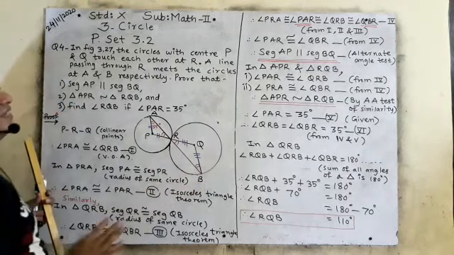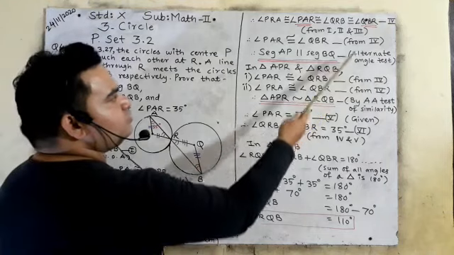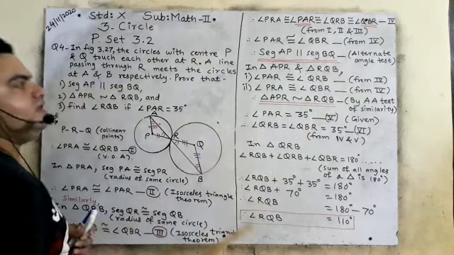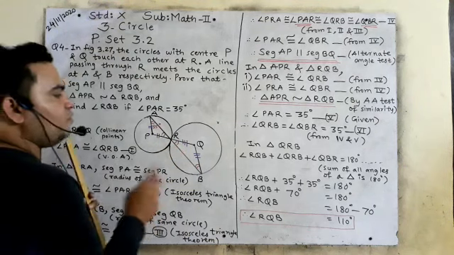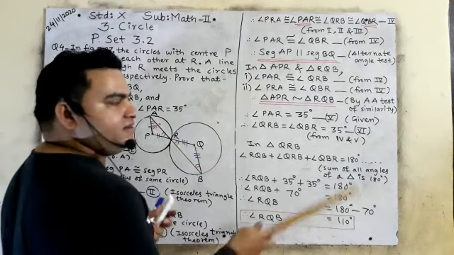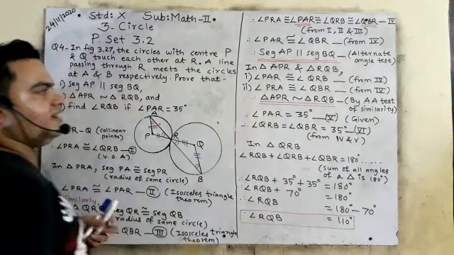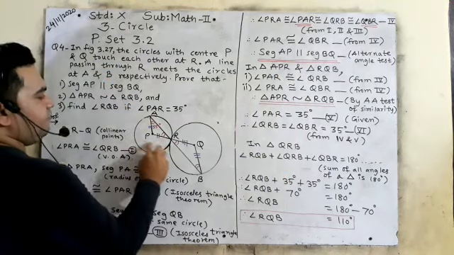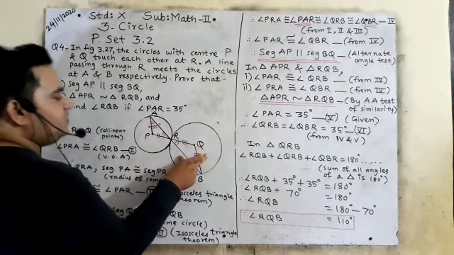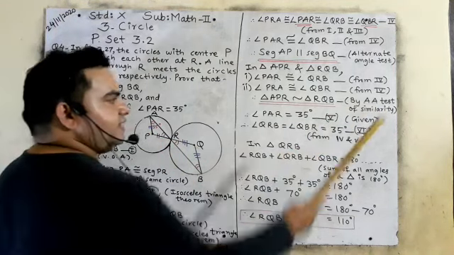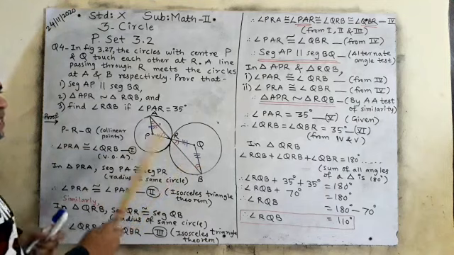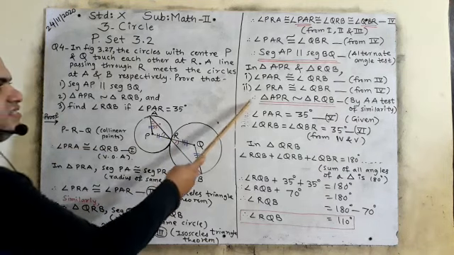All these four angles are congruent to each other. Is it clear? So we can say these two triangles are similar to each other by which reason? Angle test of similarity. See, triangle APR is similar to this triangle. Same conditions are there. So by angle test of similarity, these two triangles are similar to each other. Answer second.